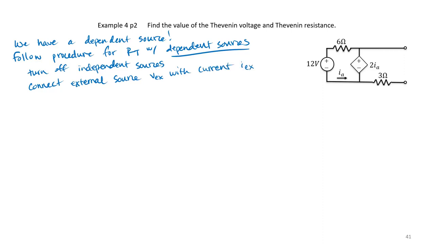Then we need to solve for VEX divided by IEX. So if we do that, notice a 12-volt source, that's going to become a short. And so we're left with something like this.